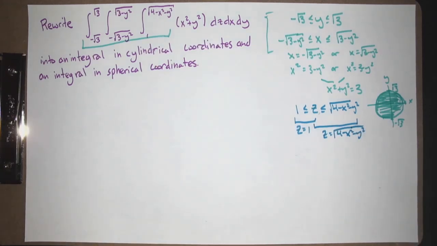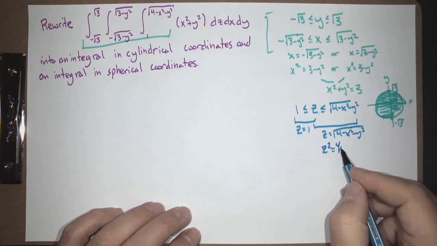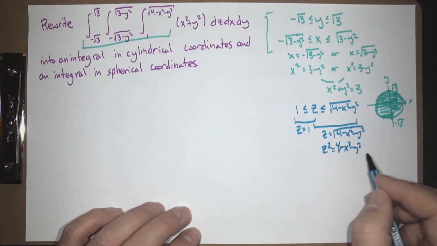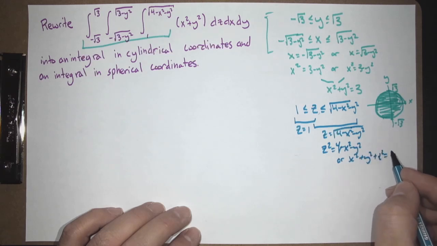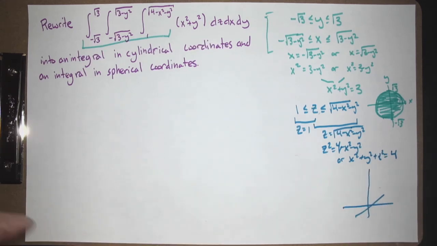Not quite an upside down bowl. Good guess. If there wasn't a square root, it would be an upside down bowl. But with the square root, we get rid of it by squaring: z squared equals 4 minus x squared minus y squared, or x squared plus y squared plus z squared equals 4. Let's see if we can figure out what's going on.